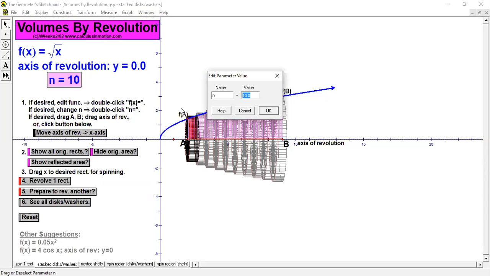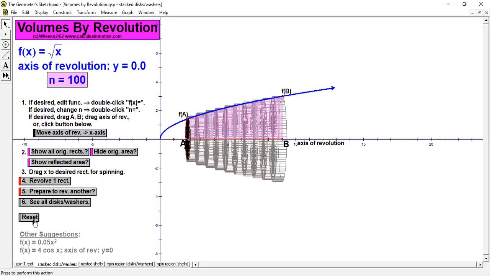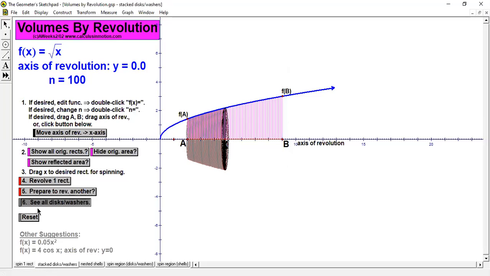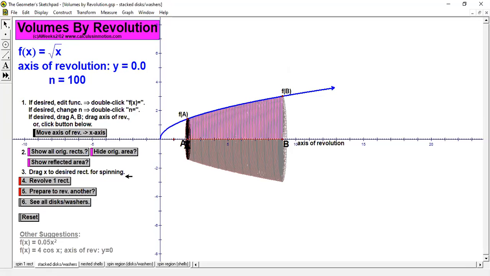If I change this to 100, this would be even closer. If I change this to 1,000, this would be even closer than that. So our goal is to find this volume rotating around a given axis, in this case y is equal to 0, our x-axis.